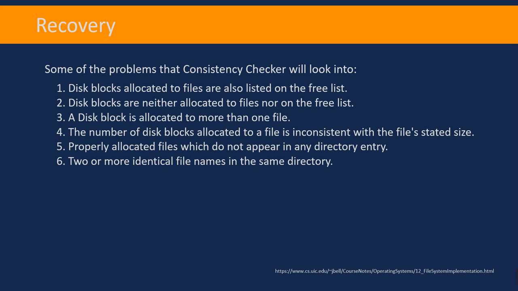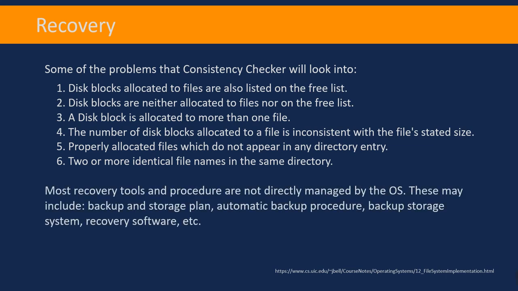You can use another directory and have a similar name, but in the same directory, you cannot do that. Most recovery tools and procedures are not directly managed by the OS. This may include backup and storage plans, automatic backup procedures, backup storage systems, recovery software and others.